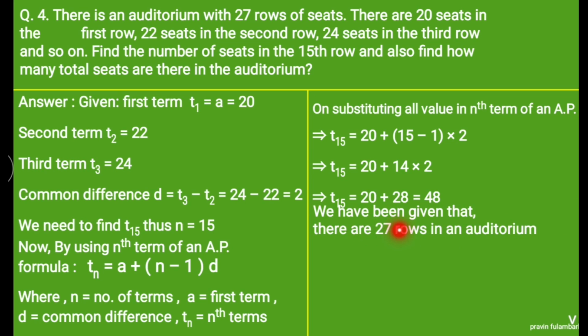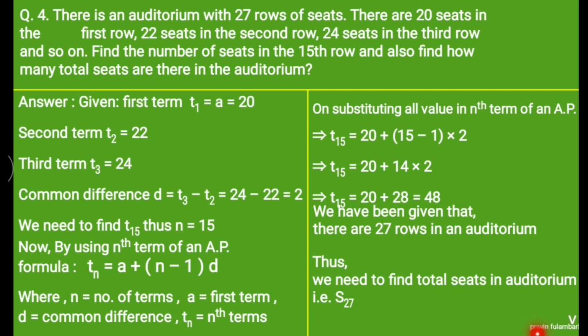We have to find the sum of all the seats in the auditorium. That is, we have been given that there are 27 rows in the auditorium. So we find S27. So we write here, thus we need to find total seats in the auditorium, that is the value of S27.